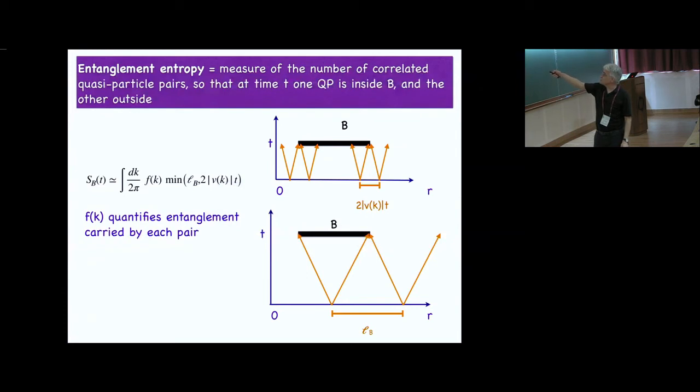At short enough times, you can convince yourself that only quasiparticles in this spatial region can contribute to the entanglement entropy, because only for quasiparticle pairs created in this spatial region can one member end up in B and the other one outside. And the same here.